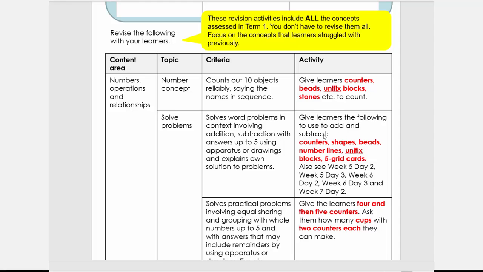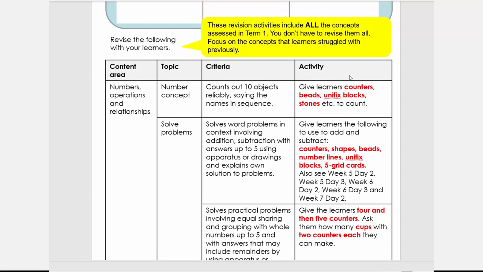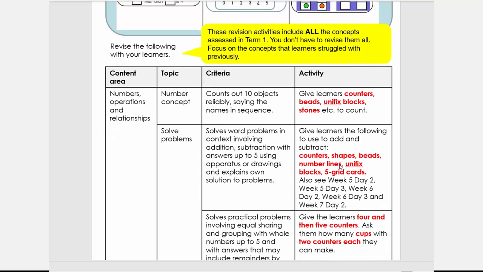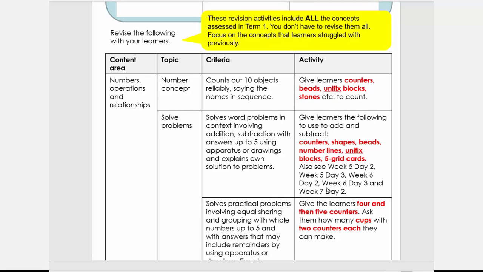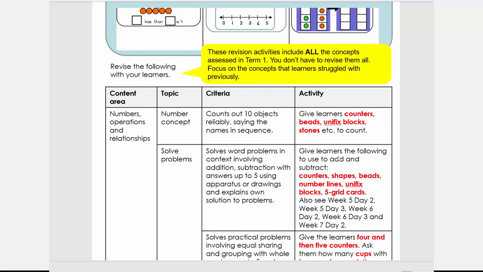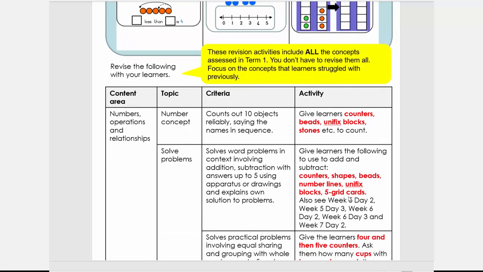Then we're going to give them counter shapes, number lines, unifix blocks, the 5 grids card like we did previously or the previous days. Those of you that have the lesson plans, you can go to term 1's week 5, day 2, all these lesson plans and revise it. But it's all summarized here in the stop activity.